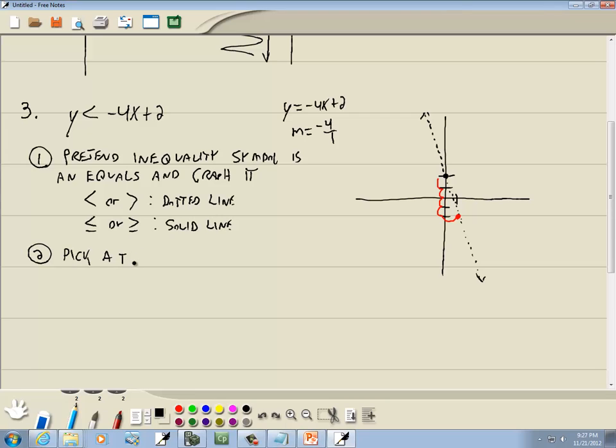What we're going to do then is pick a test point and plug it into our inequality.